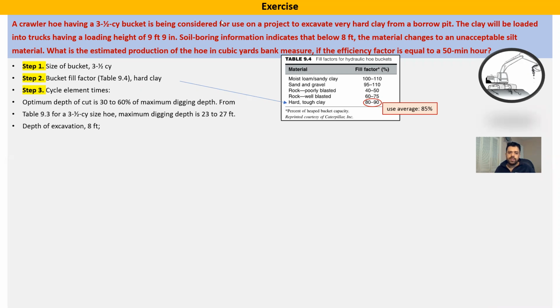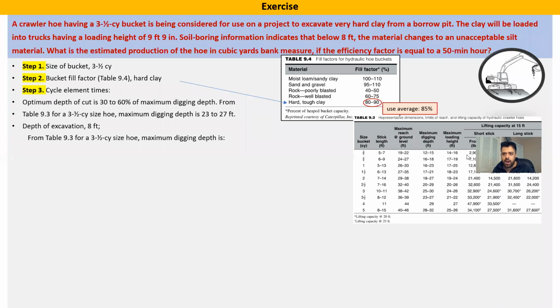But what is the digging depth for this machine? You should take a look at table 9.3. In table 9.3, you need to know the size of the bucket. That's why the size of the bucket was given to us. The size of the bucket in this problem is 3.5. Based on that, it will tell you the stick length, which we don't really need in this problem, but it also tells us the maximum reach at ground level.